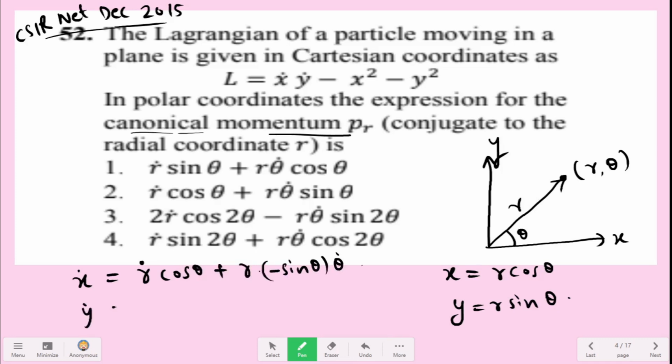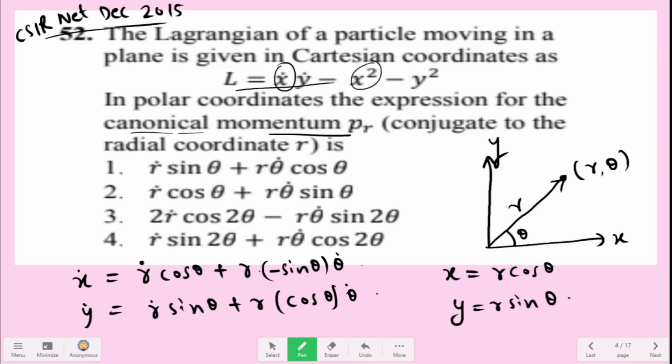And y dot is equal to r dot sin theta plus r times the derivative of sin theta, which is cos theta theta dot. Now in the expression for the Lagrangian, instead of x dot you have to put r dot cos theta minus r sin theta theta dot, and instead of y dot you have to put r dot sin theta plus r cos theta theta dot.